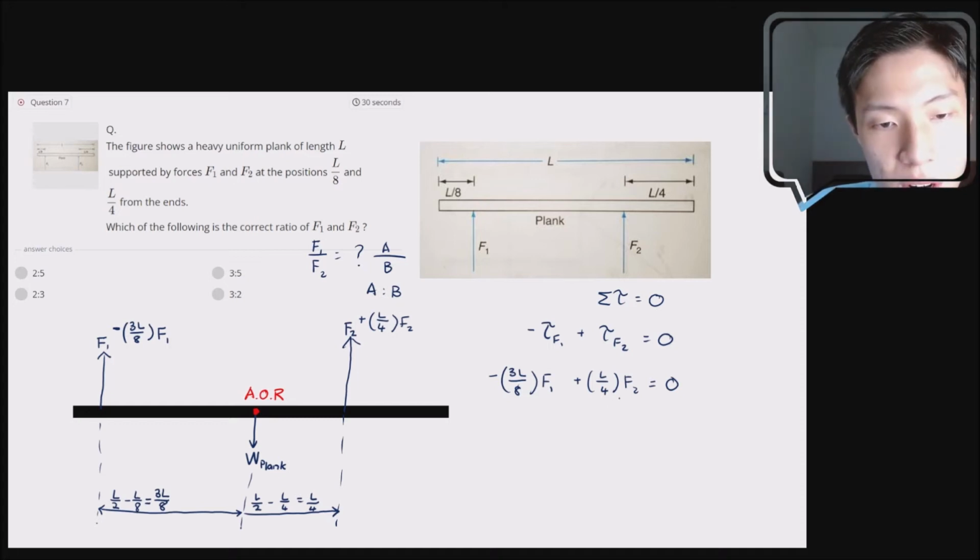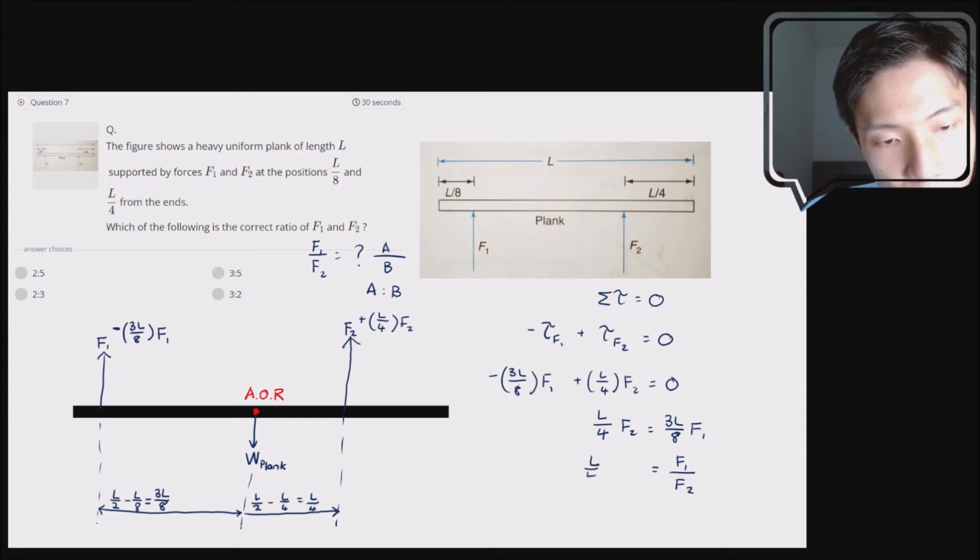So let's shift around our equation. We keep L over 4 times F2 on the left hand side. We bring things that are negative to the right hand side, so it will be 3L over 8 F1. We want to build F1 divided by F2, so let's bring F1 divided by F2 over here.